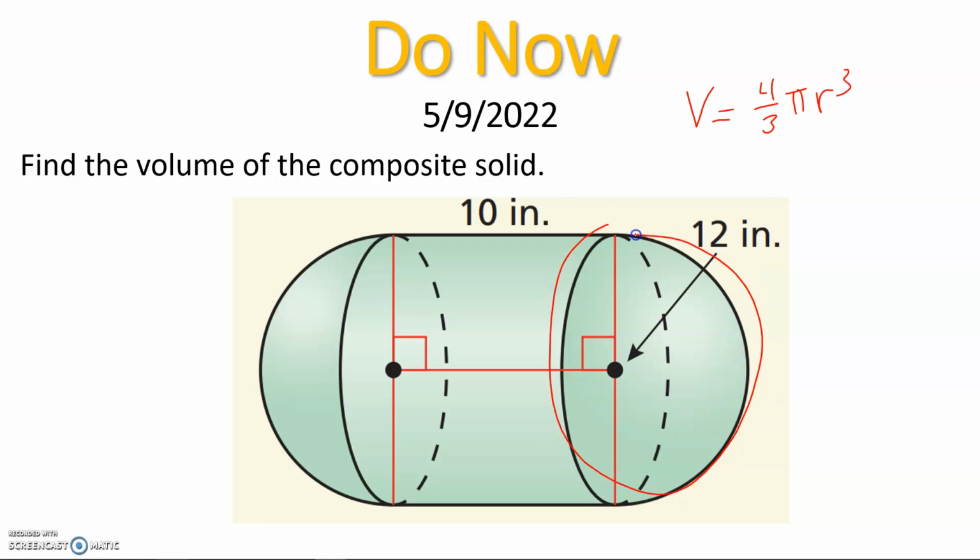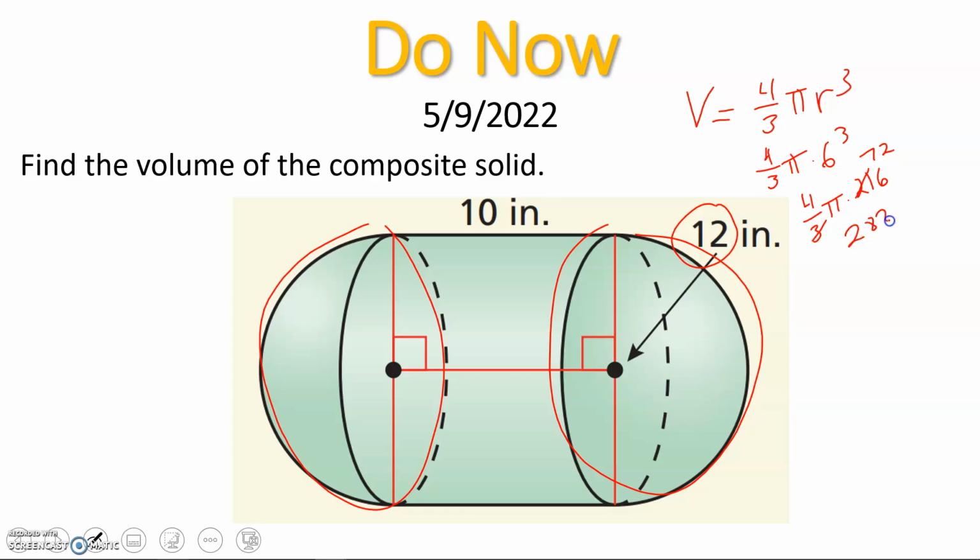So this piece here and the other half over here have volume equal to 4/3 pi, and our radius here is half of 12, so 6 cubed, which is 4/3 pi times 216. 216 divided by 3 is 72, and then 72 times 4 is 288 pi. And this is in inches cubed.